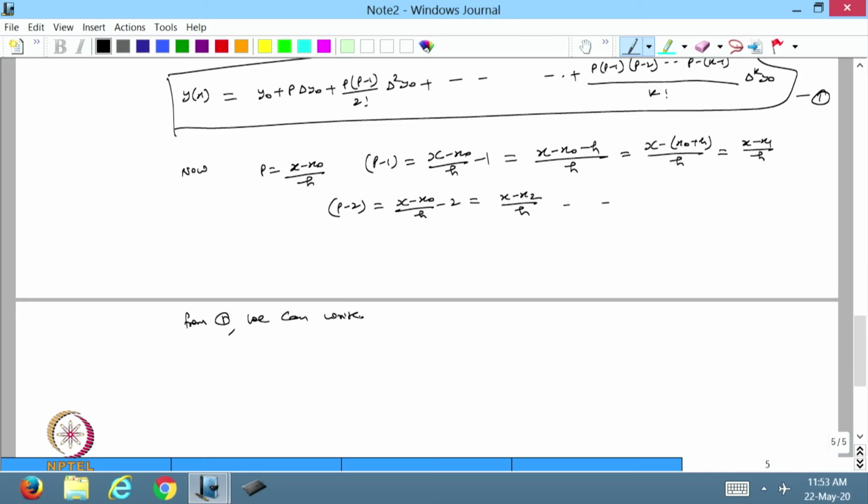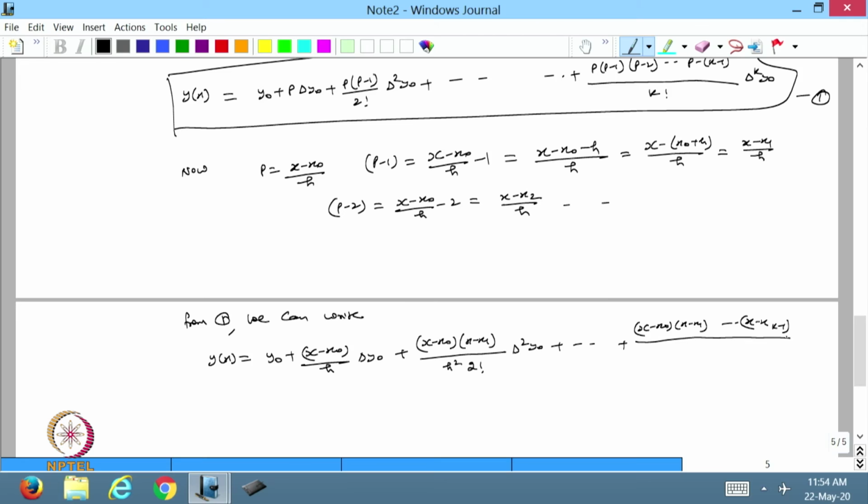we can write y of x is equal to y naught plus (x minus x naught) by h del y naught plus (x minus x naught)(x minus x 1) by h square into 2 factorial, and in the end I can write this as (x minus x naught)(x minus x 1) up to (x minus x k minus 1) divided by h raised to power k, k factorial, del k y naught.